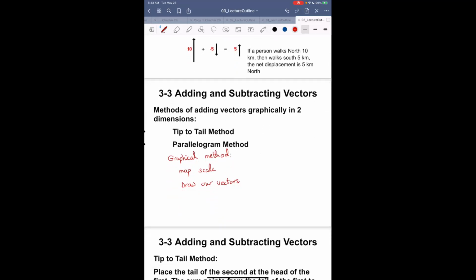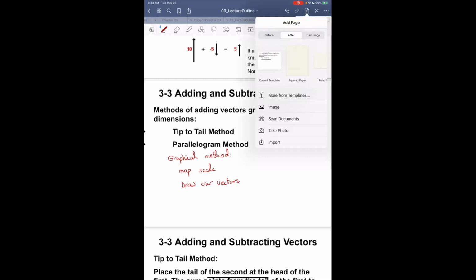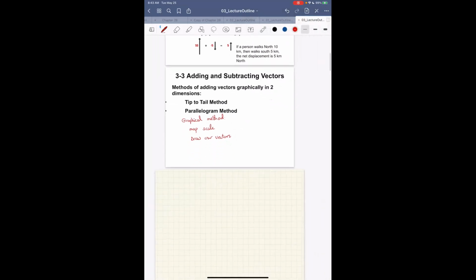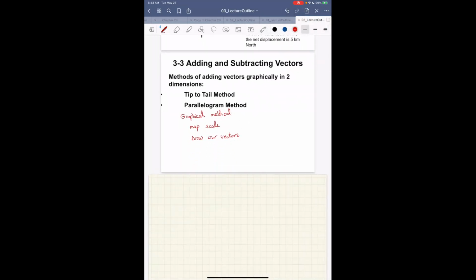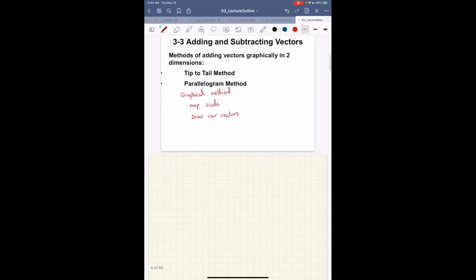There is something called the tip to tail method. I'm going to add a page here to talk about how we are going to add these vectors, and I will show you an example of, let's say, 3 vectors.